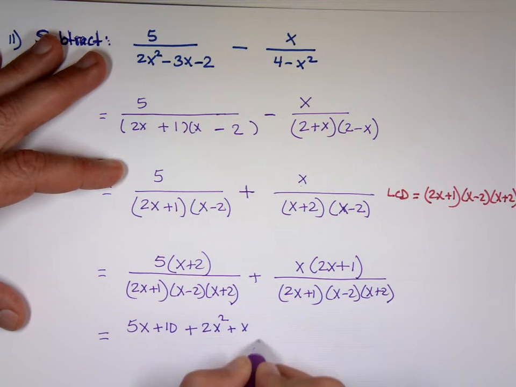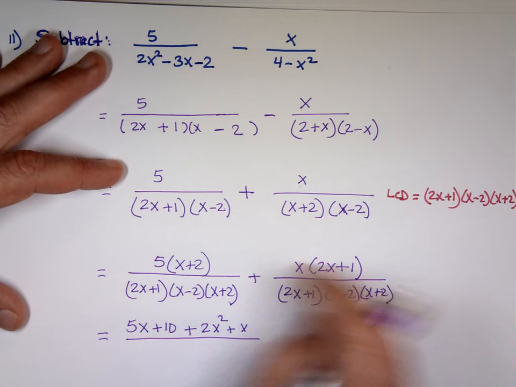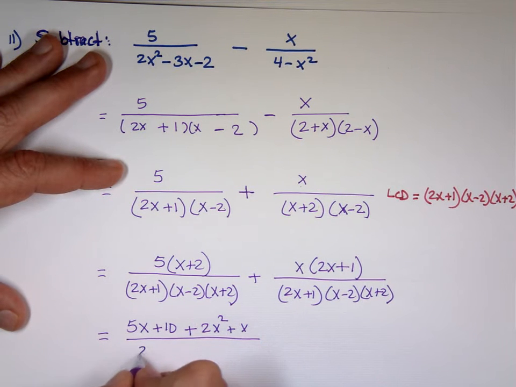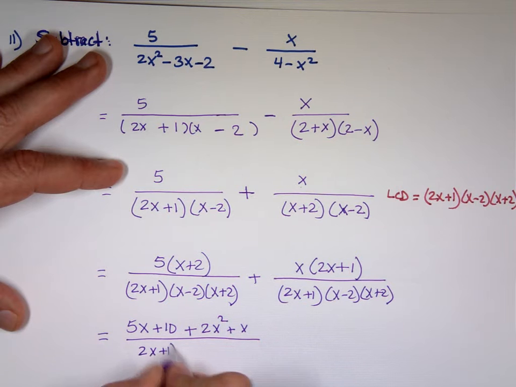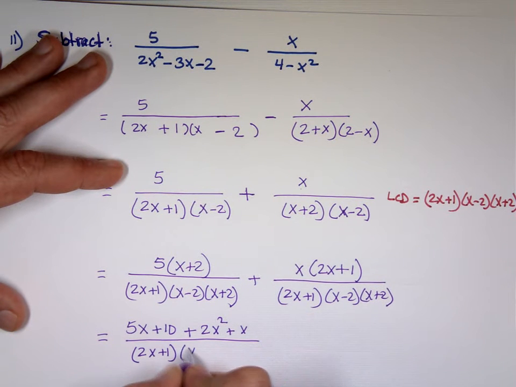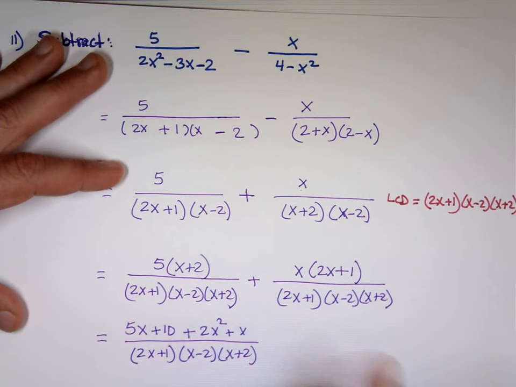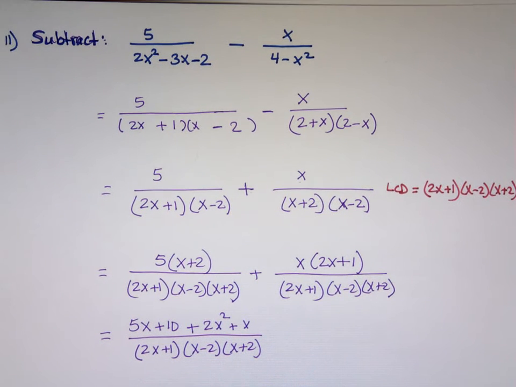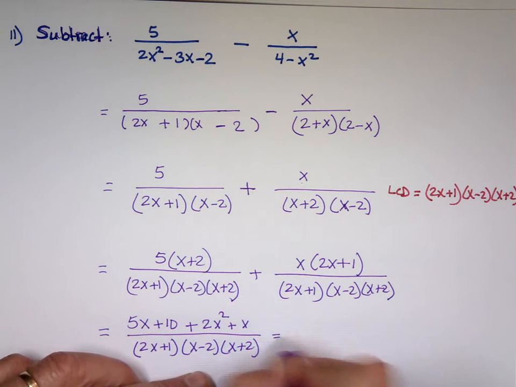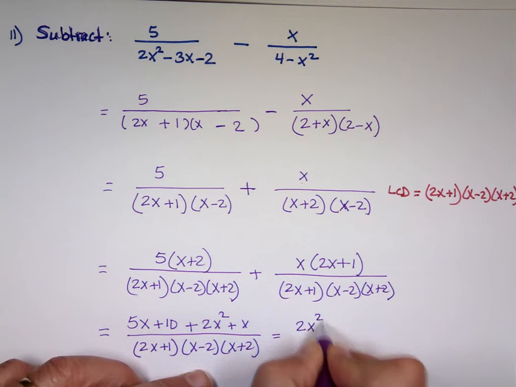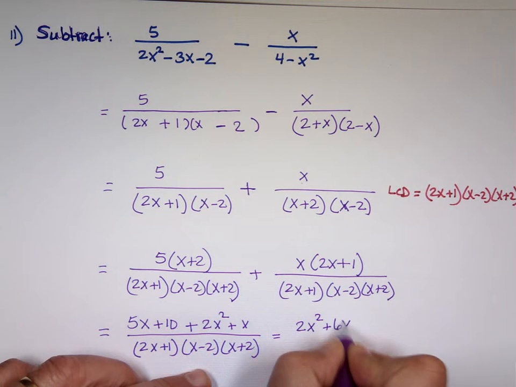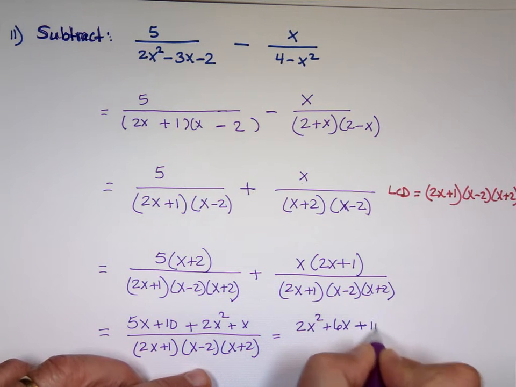All of this plus all of this. Clean it. 2x squared plus 6x plus the 10 over.